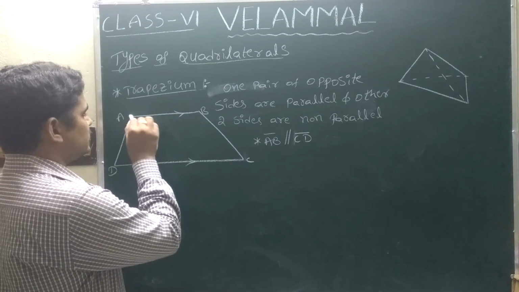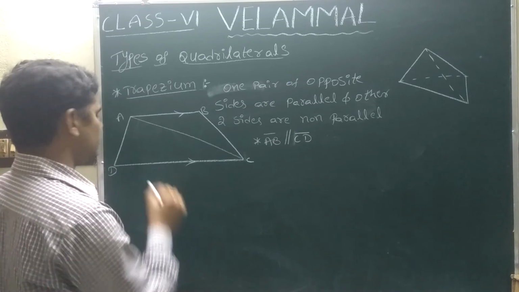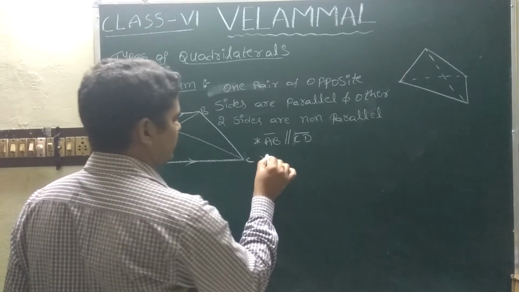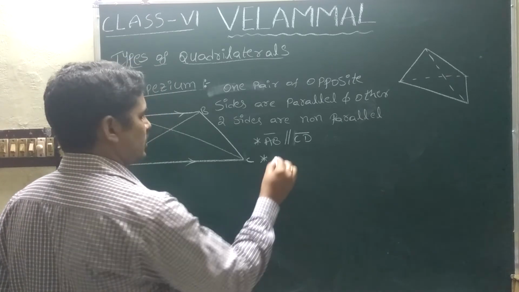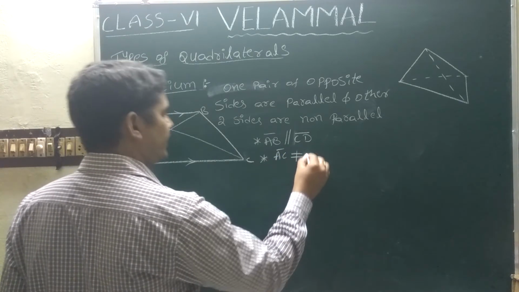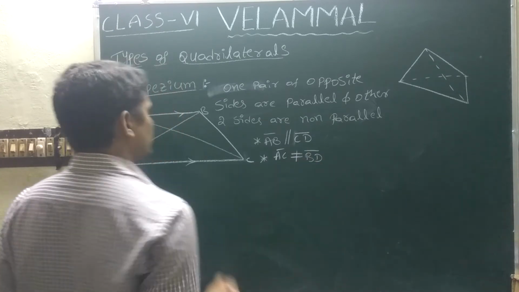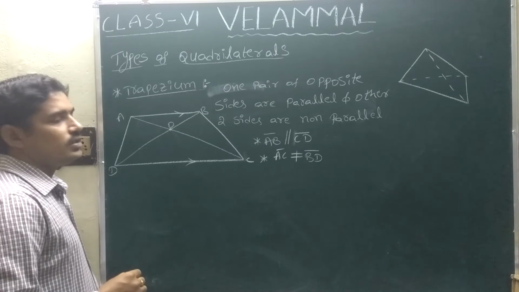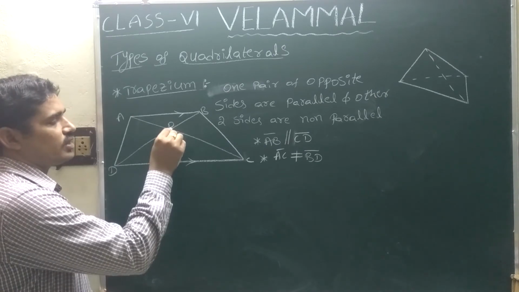And coming to the diagonals, AC is not equal to BD, and there is no specific property for the midpoint of the diagonals, the intersection point of the diagonals.